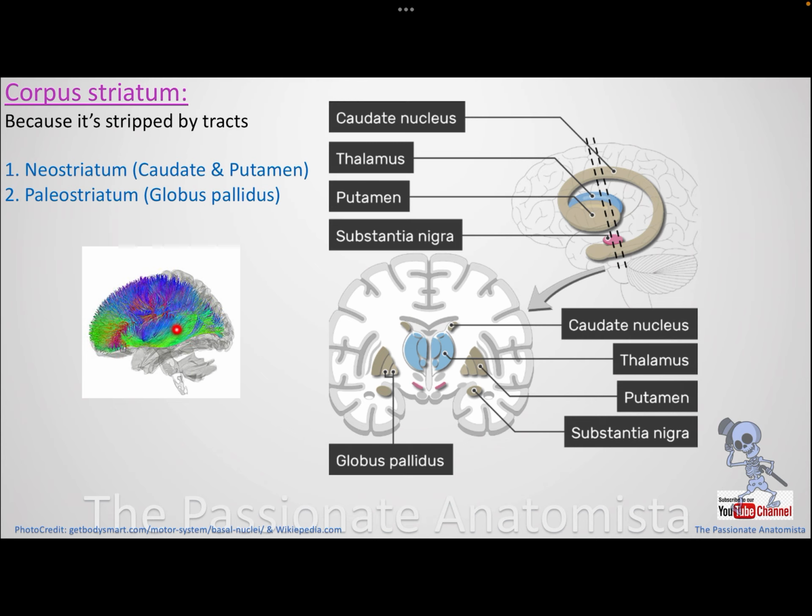We have the optic radiation coming there, the auditory, we have the descending motor tracts, ascending sensory tracts. So that is basically interrupting these bodies here. So we call it corpus striatum because it's interrupted by the internal capsule. All right, so we call it corpus because it's a body, striatum, it's striated and striped by the tracts coming up and down. Okay, guys.